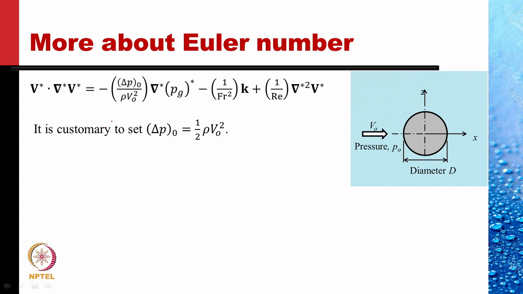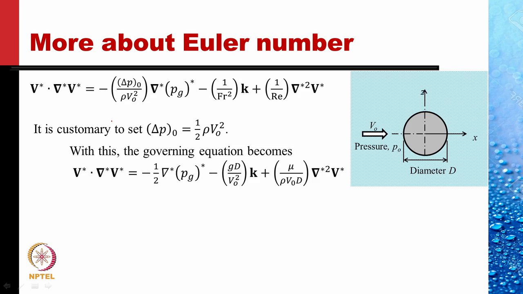What is the significance of this? You recall from the Bernoulli equation, 1/2 rho V0 squared is the pressure difference between the stagnation pressure and the static pressure in incompressible flow. That pressure difference, which is also known as the dynamic pressure of the flow, is taken as the characteristic pressure difference. With this, the coefficient of the pressure term becomes minus 1/2, and this is the resulting equation.